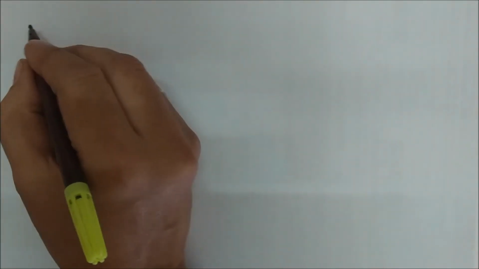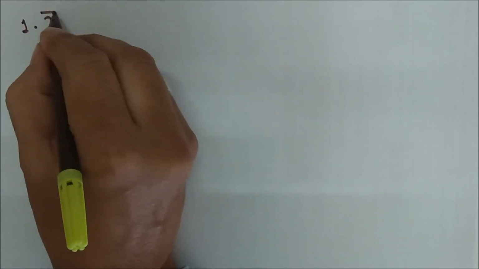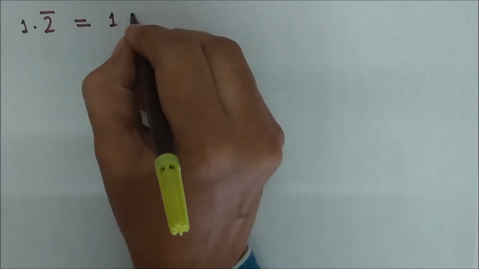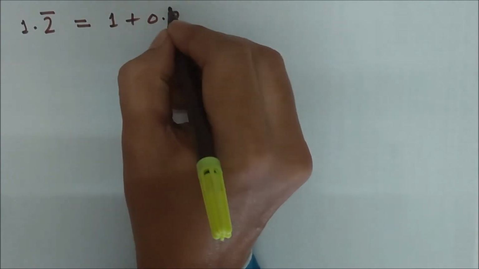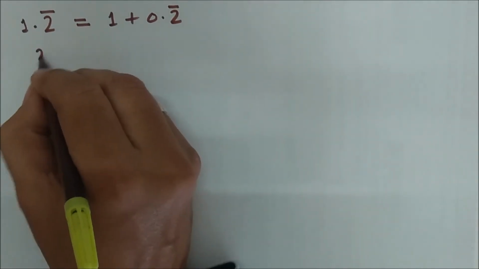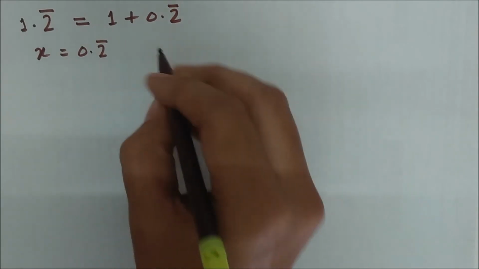We take another example of changing a recurring decimal to a fraction. Let's take 1.2 with a bar over the 2. That is equal to 1 plus 0.2 bar. Now we just assume x is equal to 0.2 bar.